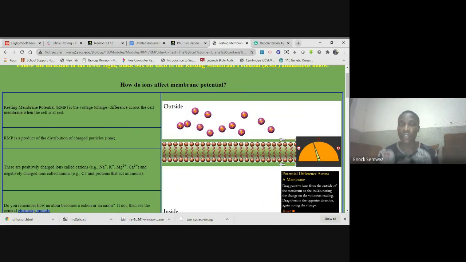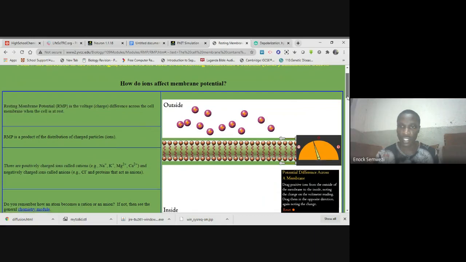So if there is a change in the distribution of ions, specifically the potassium ions and the sodium ions, the potential difference across the membrane also changes. When more cations move out of the cell to the outside, it becomes more negative. Yet when more cations enter into a cell, the potential difference increases towards the positive. Okay, I guess that point is clear.